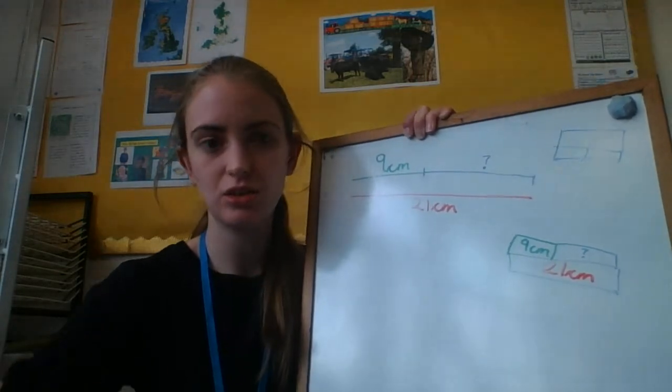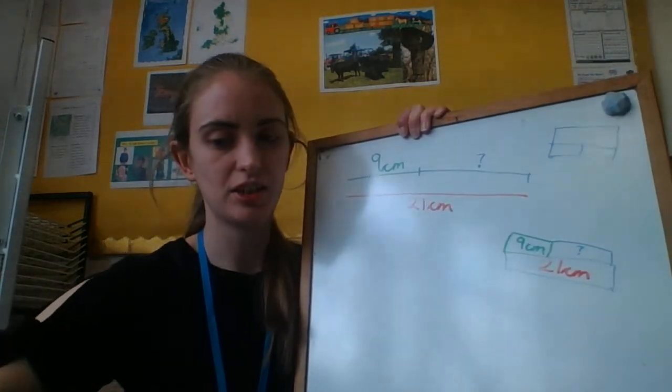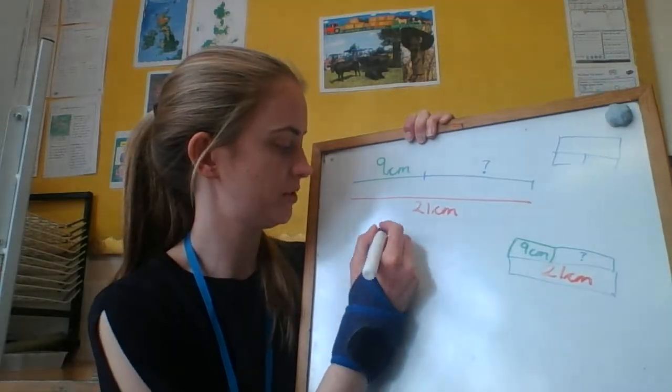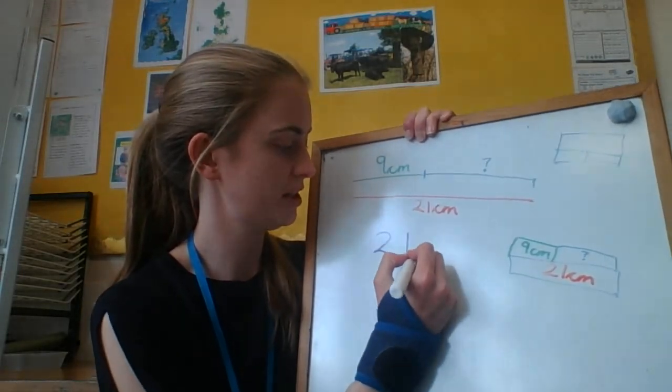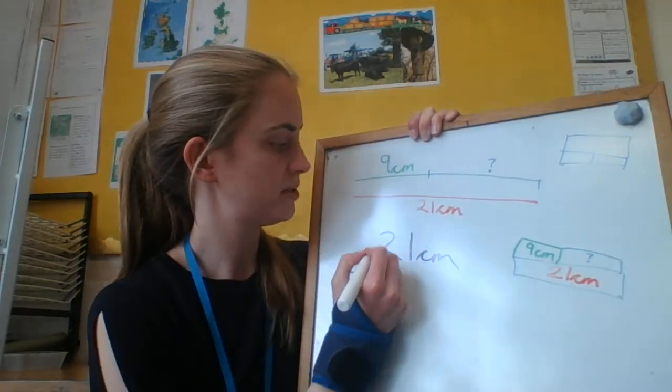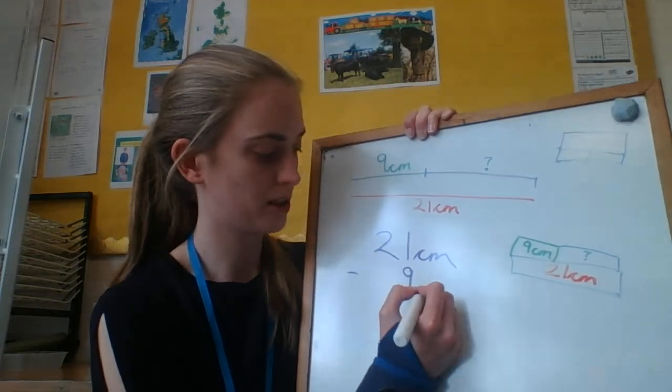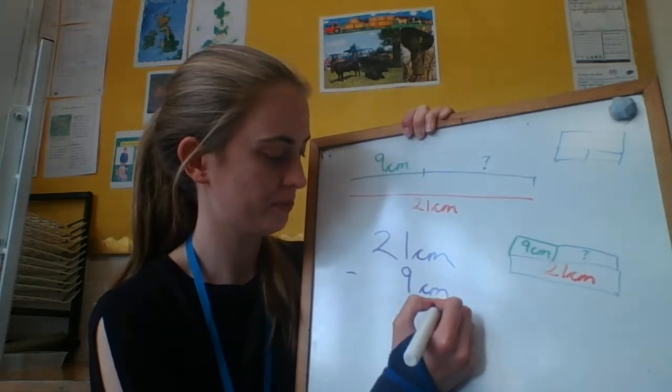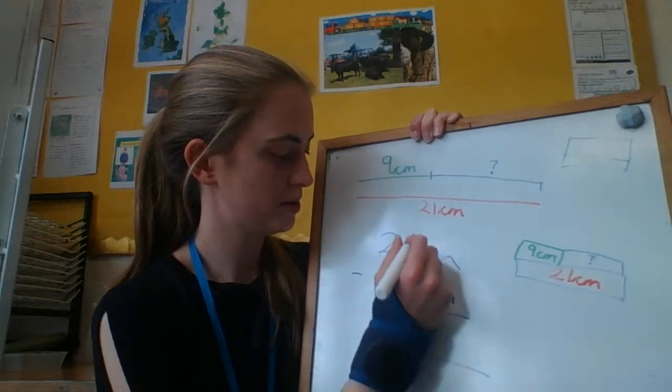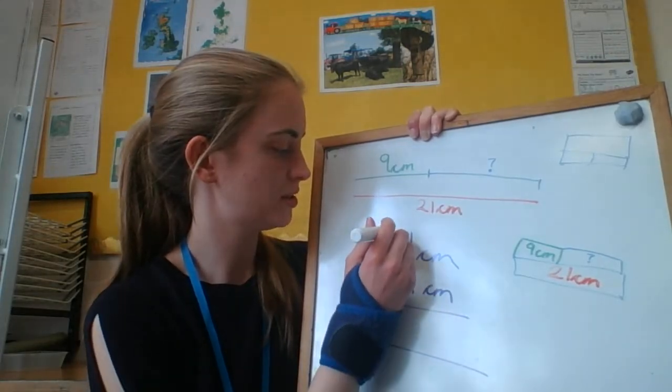So what they're wanting you to do is to go, okay, so we always start with the greater number with subtraction, don't we? So 21 centimetres, subtract 9 centimetres, making sure it's in the right column. Okay, 1 take away 9 we can't do, so I need to borrow a 10.